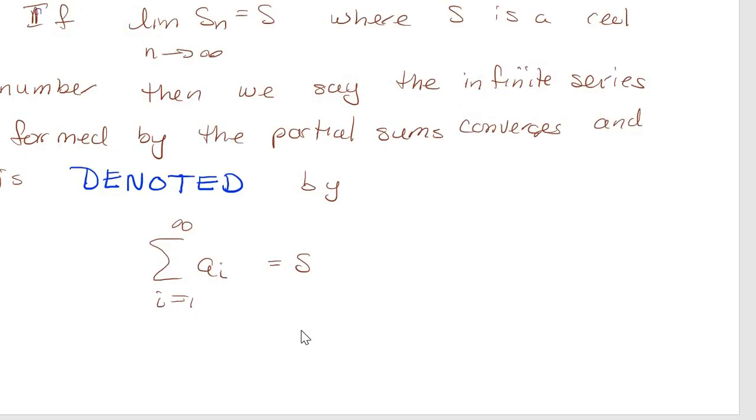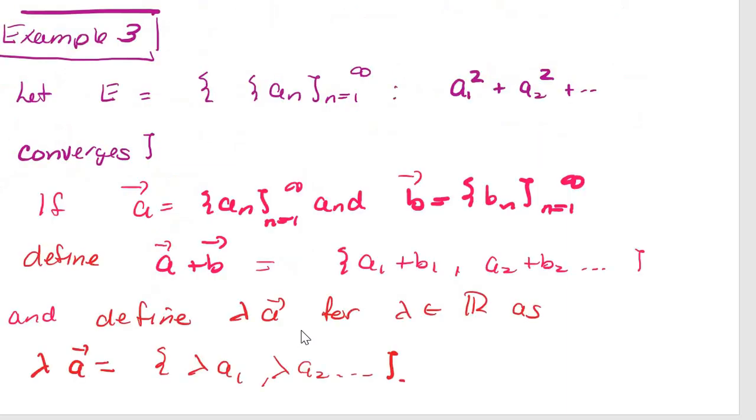Okay, so I gave you those definitions so that I can give you another example. Here's my third example. Suppose I have a sequence. One vector is an entire sequence. And I know that the restriction on those sequences is that I can square sum them, and that square sum converges.